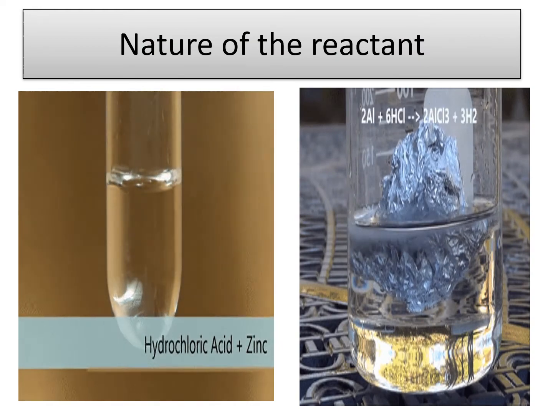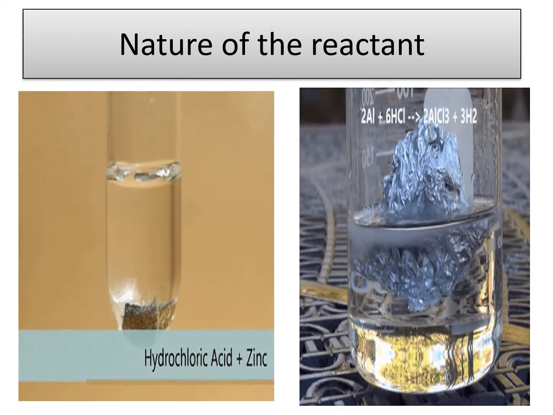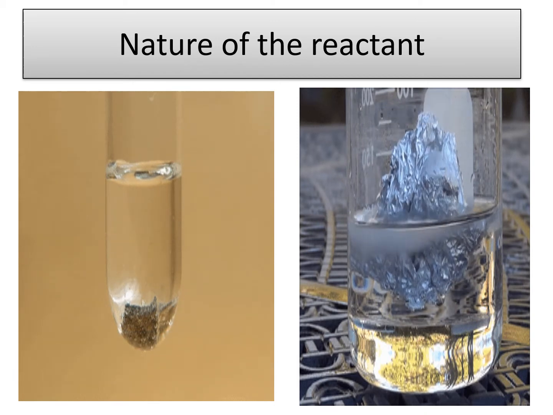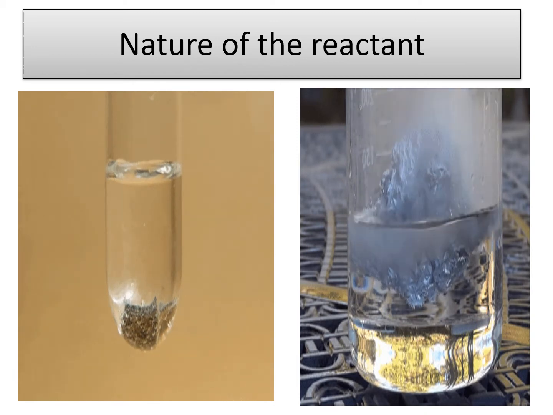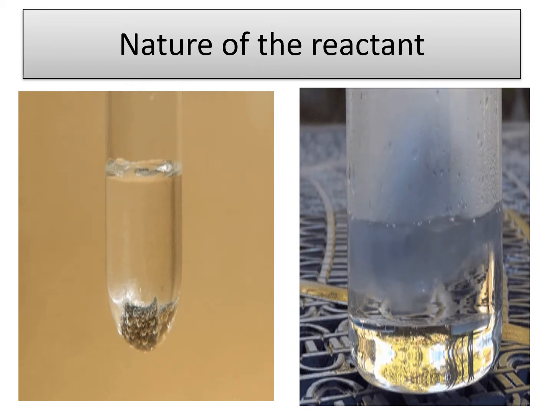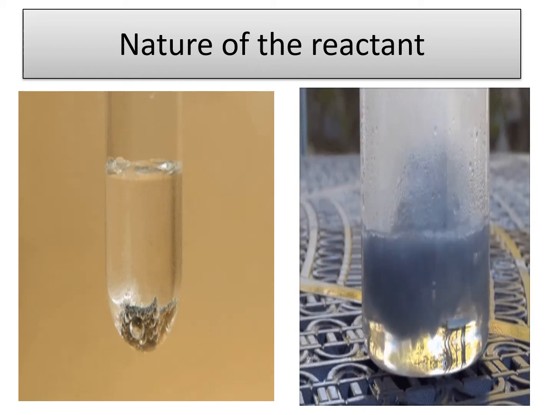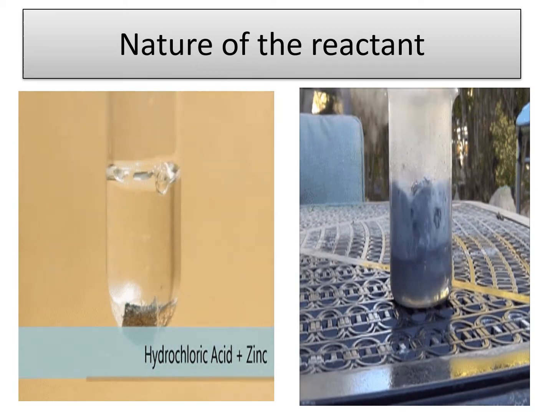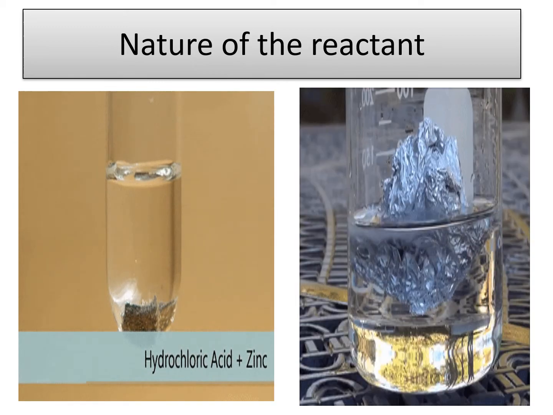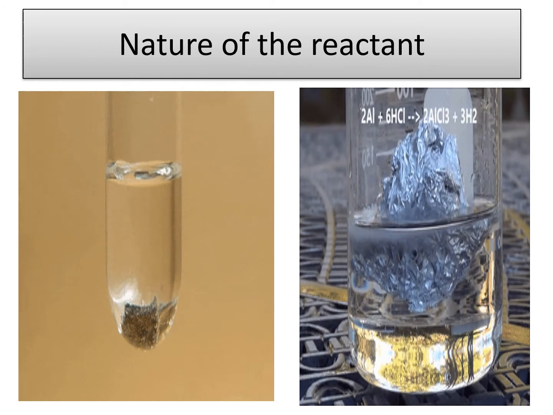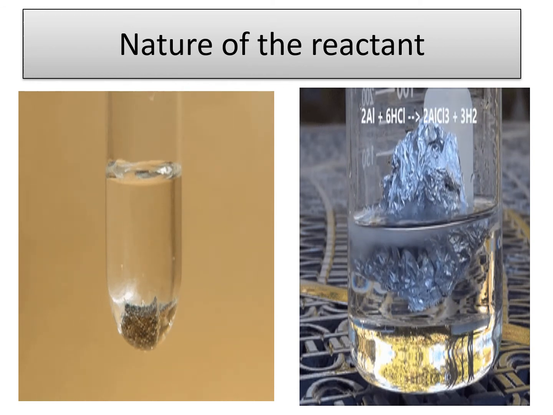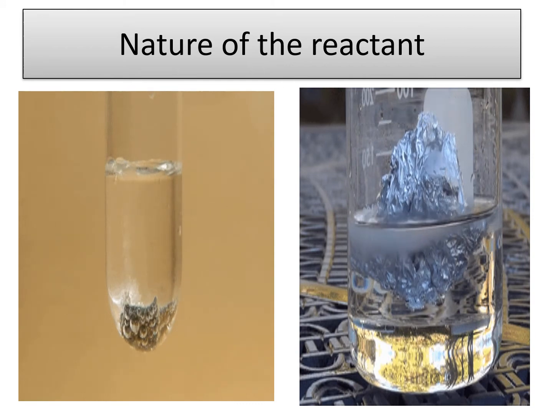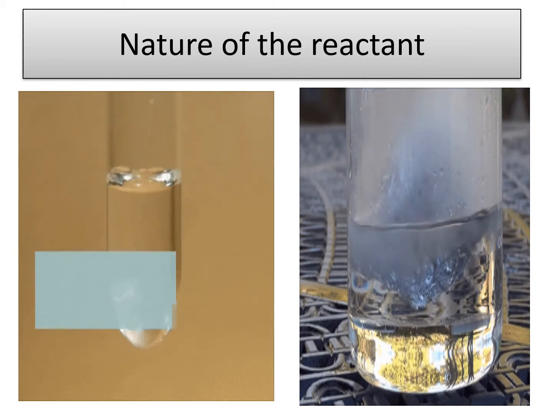The first is the nature of the reactant. On the left hand side, we have shown a test tube where zinc is reacting with hydrochloric acid, and on the right hand side it's aluminium reacting with hydrochloric acid. It's clearly visible that aluminium shows a rapid reaction with the same acid, whereas zinc is taking time. This indicates that the nature of the reactant plays a vital role in determining the time taken for the chemical reaction to occur.